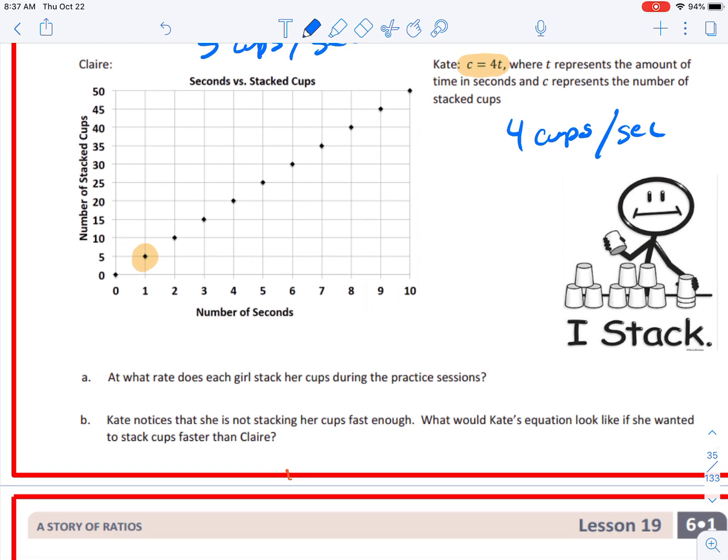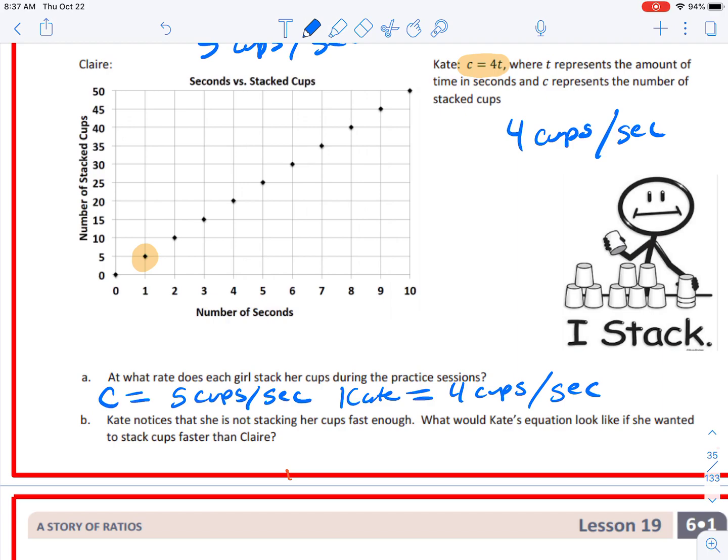So at what rate does each girl stack her cups during the practice sessions? For letter A, Claire, 5 cups per second, and Kate, 4 cups per second.